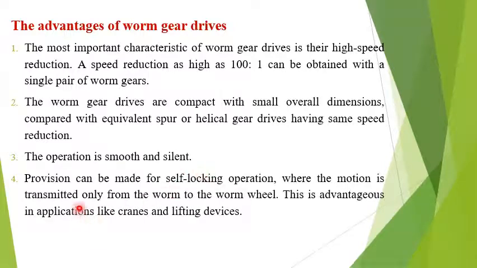Provision can also be made for self-locking of the gear drives, that means motion is transmitted only from the worm to the worm wheel, and not in the opposite direction. So only the worm drives the worm wheel. This type of self-locking is advantageous in applications like cranes, lifting devices and other applications.